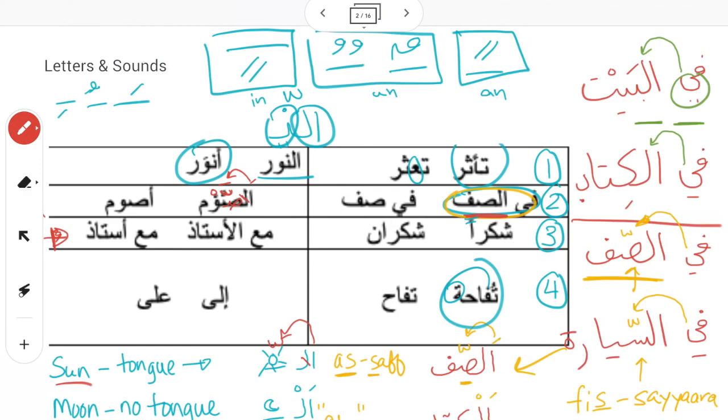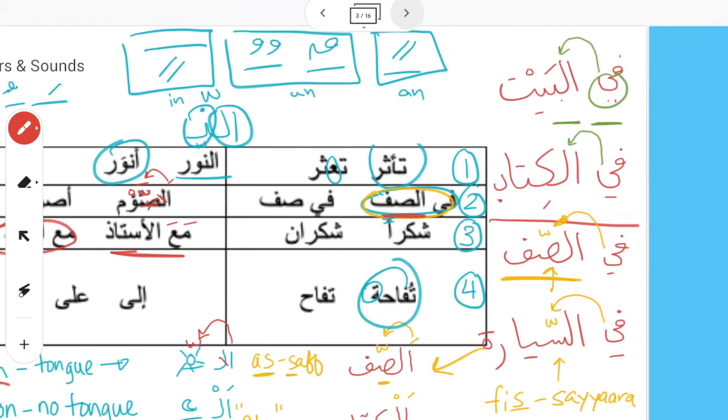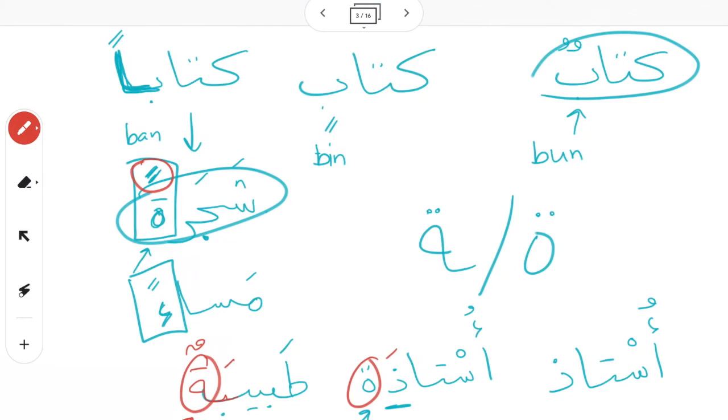Ma'a ustad. How would we pronounce this? Ma'a. You should know this word. It means with. If you have ma'a and al-ustad, I'll put it here so it's a little bit bigger.